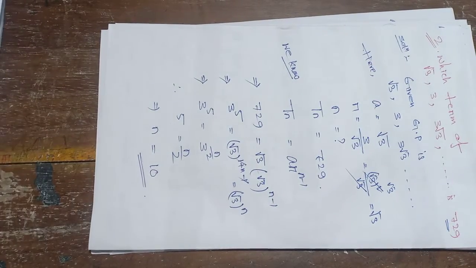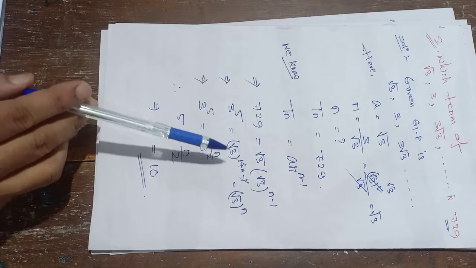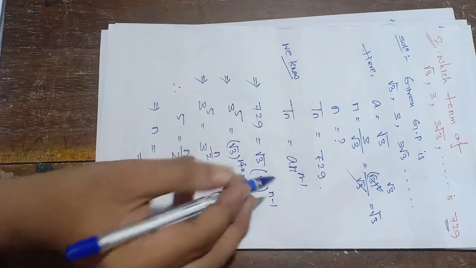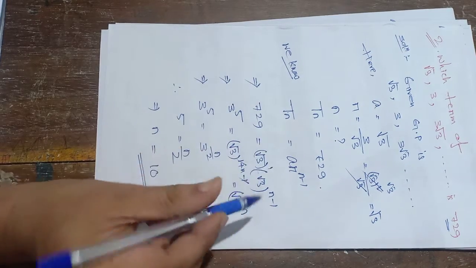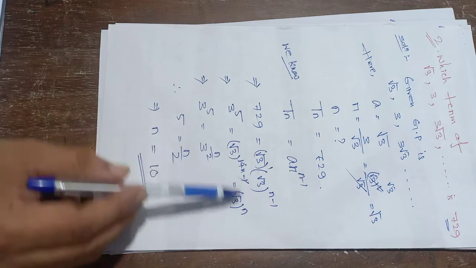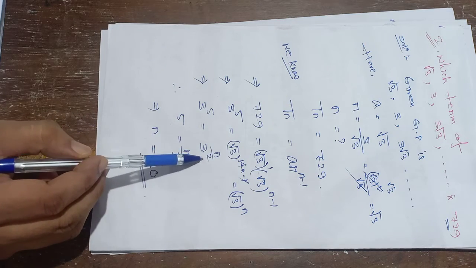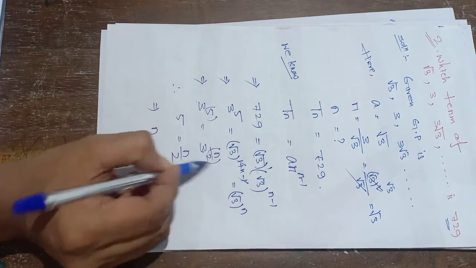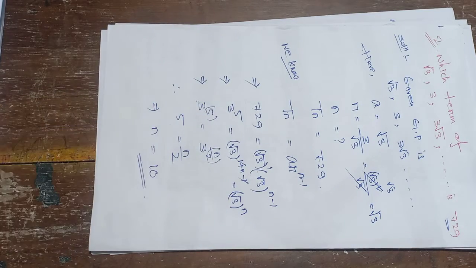Students, I hope all of you understood this question. Here we have to equate the root 3 powers. Here the root 3 power is 1 and here the power is n minus 1, so the powers add and the 1 cancels, giving root 3 to the power n and 3 to the power n by 2. Since the base is equal, the powers are also equal, so n by 2 equals the exponent, and so n is the answer of this question.